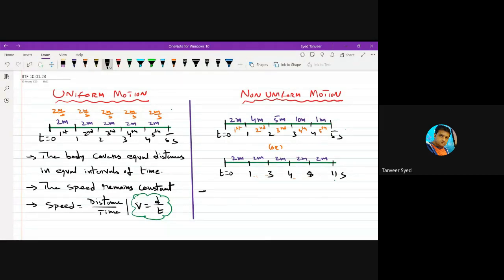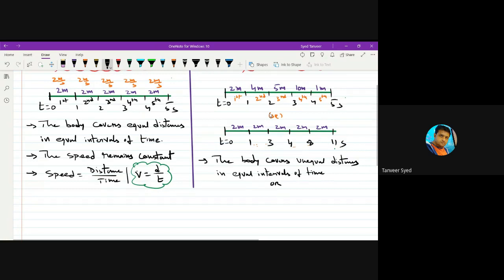So the body covers unequal distances in equal intervals of time, or the body covers equal distances in unequal intervals of time.